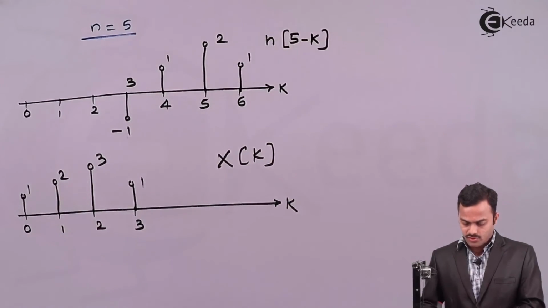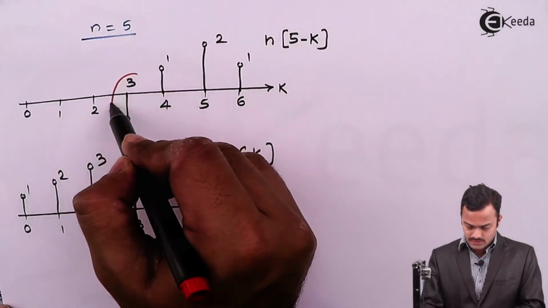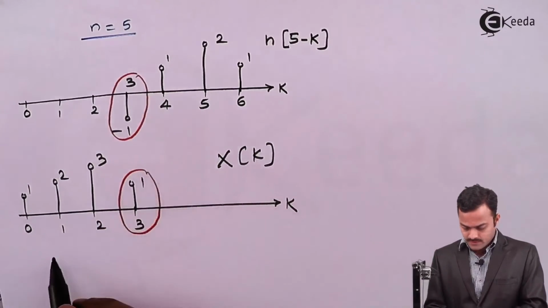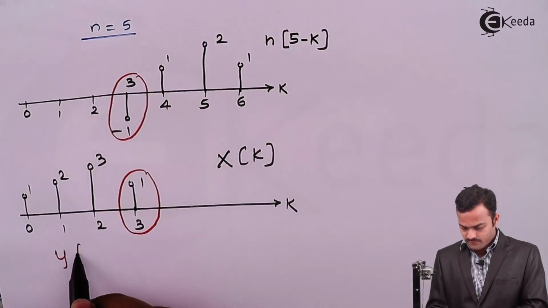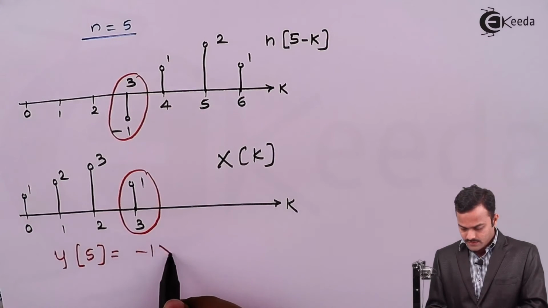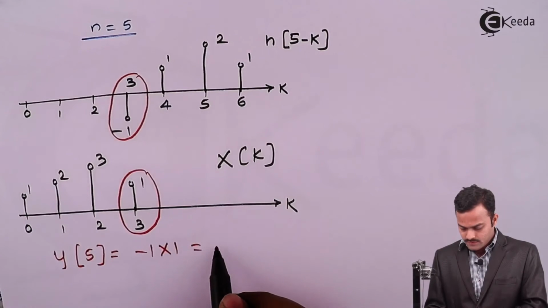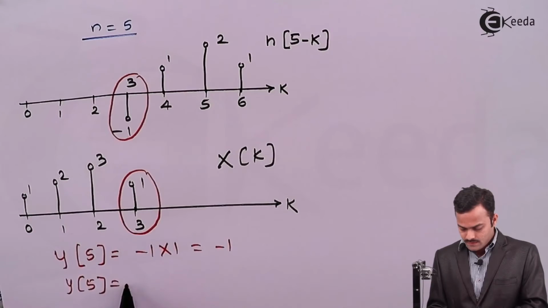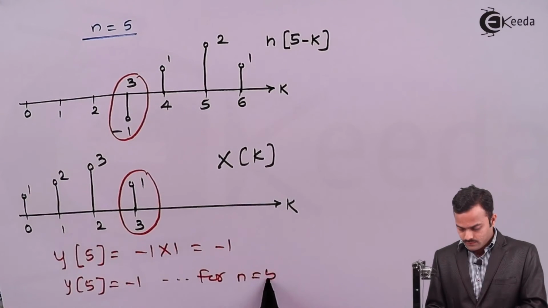Sample points which are common over here is only 1, that is n equal to 3. So I can say y of 5 as -1 multiplied by 1, which is -1. So in the end I say y of 5 is -1 for n equal to 5.